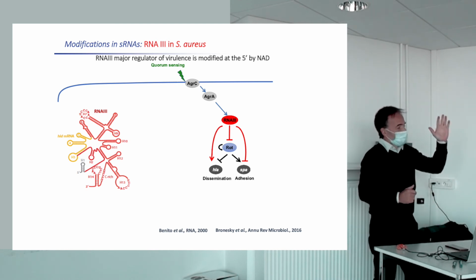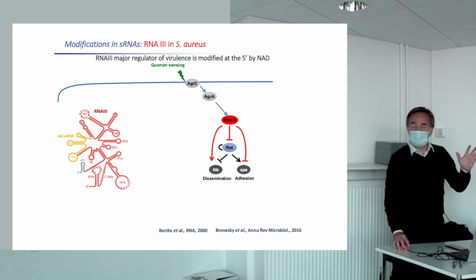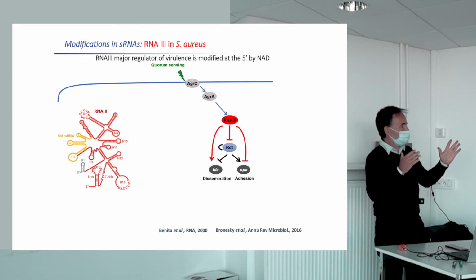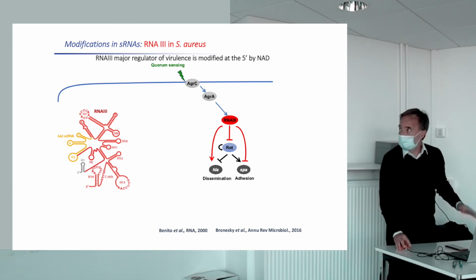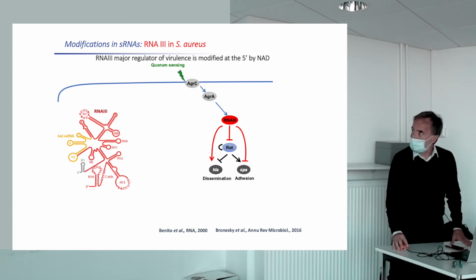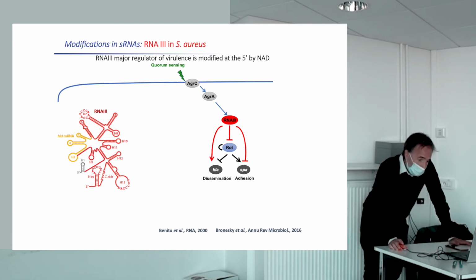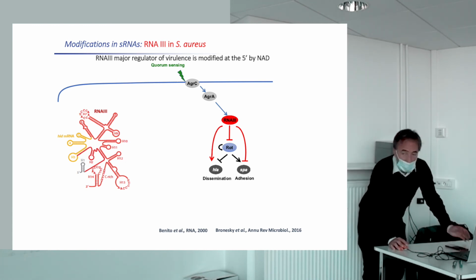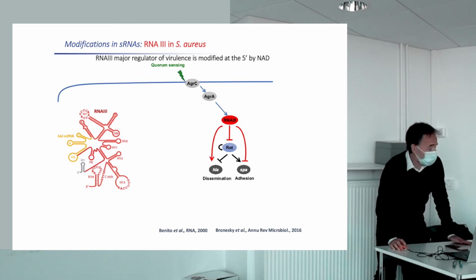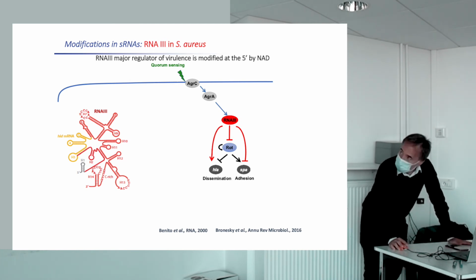Okay? As I told you at the beginning, this is a classical two-component system. So we have the protein AgrC, that is able to sense a peptide that is secreted, a thiolactone peptide. When there is a lot of this peptide, AgrC gets auto-activated, phosphorylated, and is able to activate a transcription factor, AgrA.